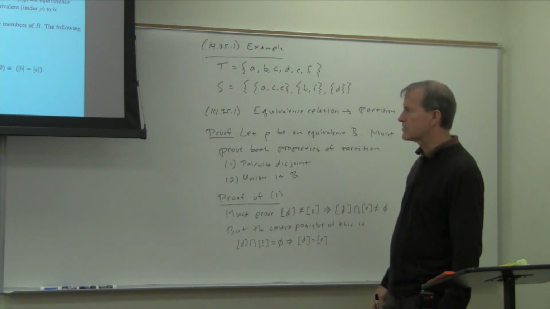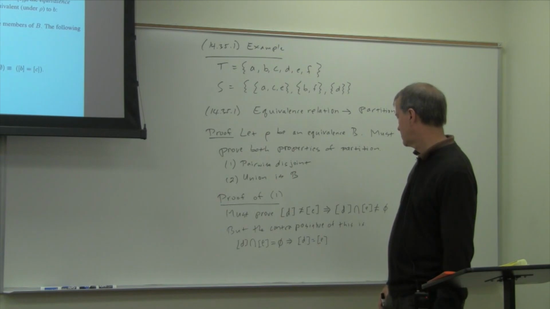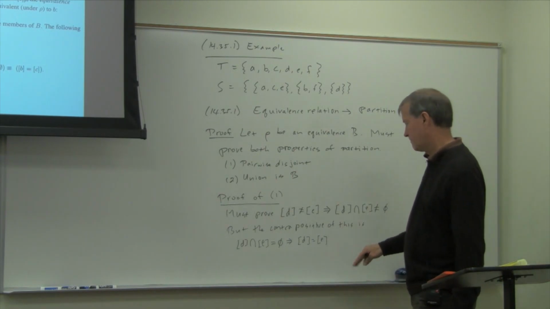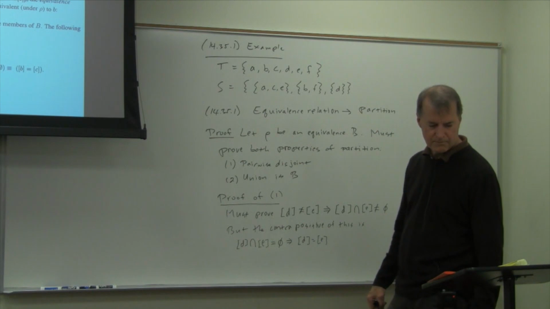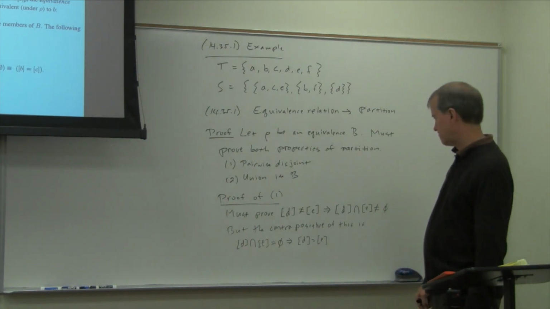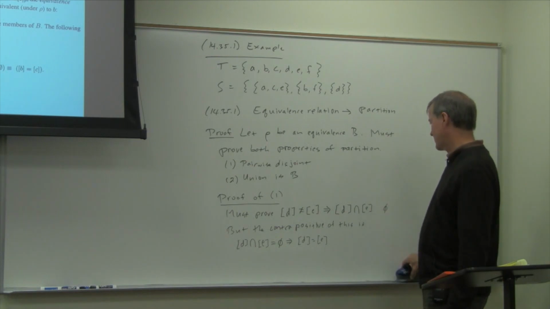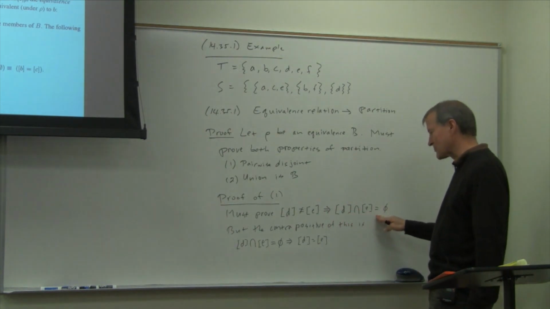Is this the one we did? In the homework we're proving not equals the empty set implies D equals E. Did I write this down wrong? Compare with this. Oh, this isn't right. If they're not the same, then the intersection equals the empty set.